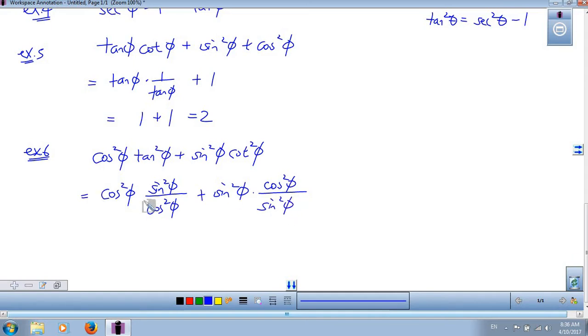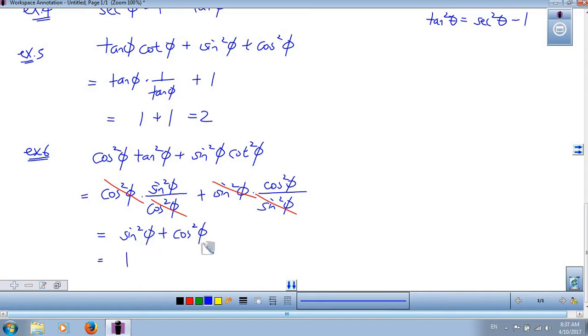So now, as you can see, we have a fractional situation here, and the cosine squared phi and cosine squared phi cancel out because you're multiplying. Sine squared phi times cosine squared phi divided by sine squared phi. The sine squared phi cancels out. So we ended up with sine squared phi plus cosine squared phi, and now we can use the Pythagorean identity to say that sine squared phi plus cosine squared phi is equal to 1.